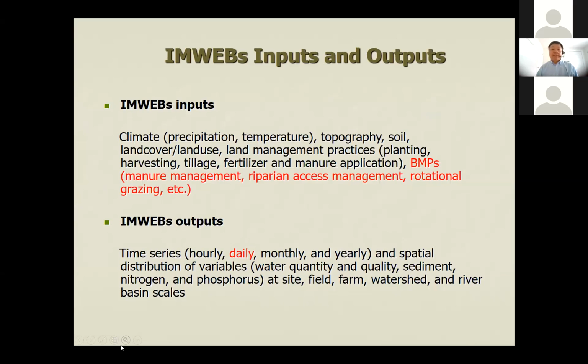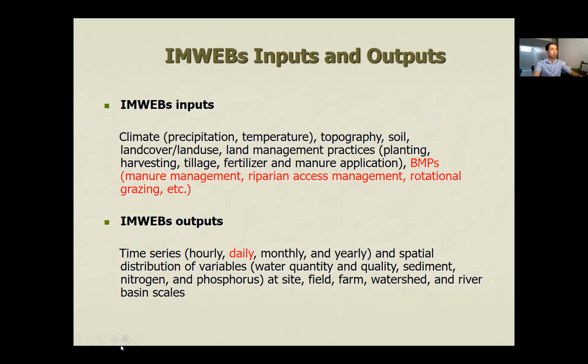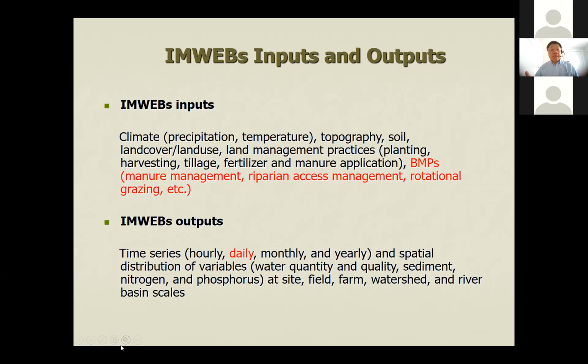And then the topography and land use, but I highlighted that BMP information is very important. For example, if some people ask me to evaluate BMPs on the landscape, but I don't know where they are, we cannot evaluate. So we need to have that information put into the system and also capture those management practices so that we can design future BMPs as well.